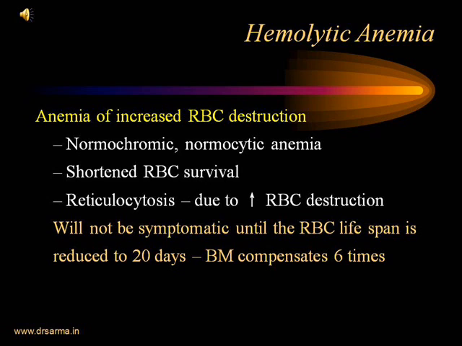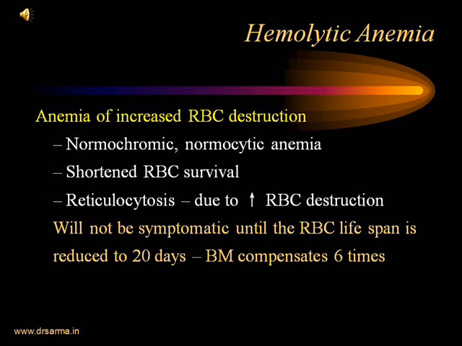And these hemolytic anemias are due to increased destruction of the RBC. The blood picture is usually normochromic, normocytic. The RBC lifespan is reduced and the reticulocyte count is increased. The RPI, reticulocyte production index, is invariably more than 2.